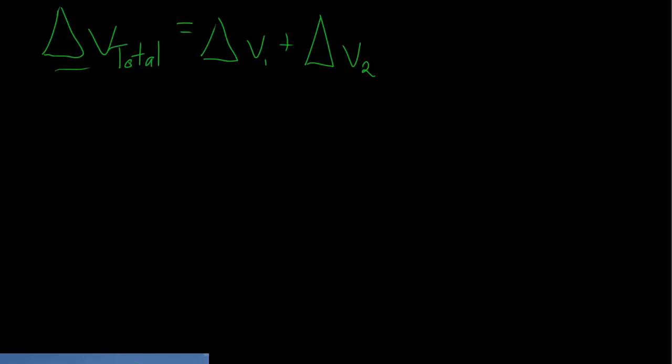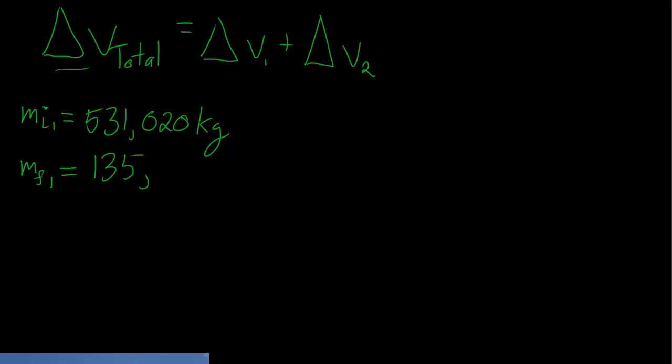Just doing a quick Google search, we find that the initial mass of the rocket for stage 1 is 531,020 kilograms. The final mass of stage 1 is equal to 135,320 kilograms.